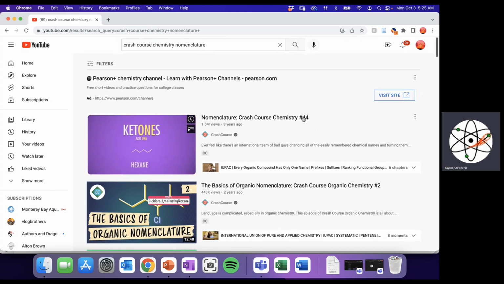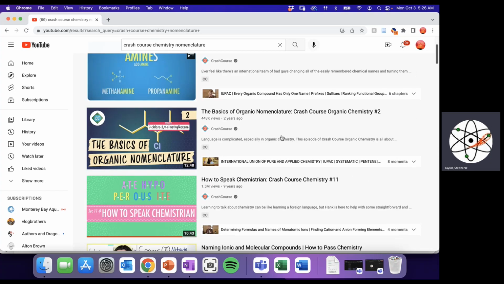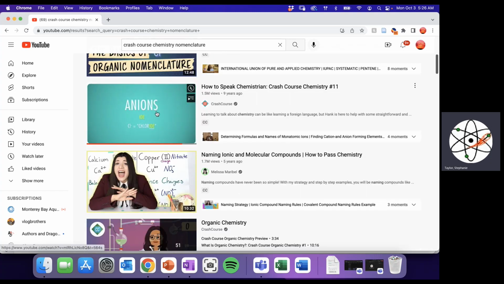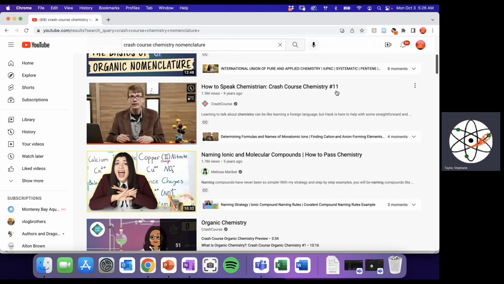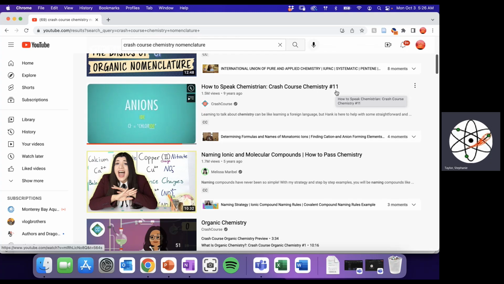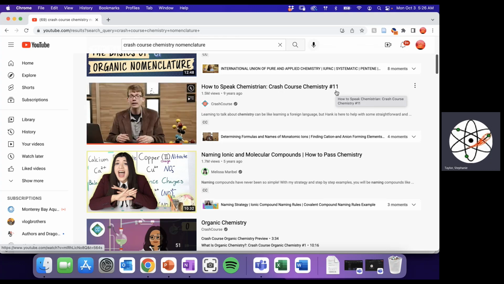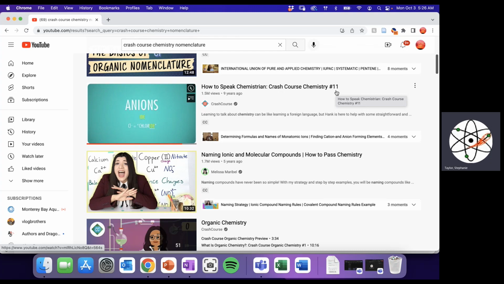I got confused because this one is number 44, going into more organic things that we don't need. This one down here, how to speak chemistry in Crash Course Chemistry number 11, would actually be useful to you. This is missing hydrates, but it does cover acids.